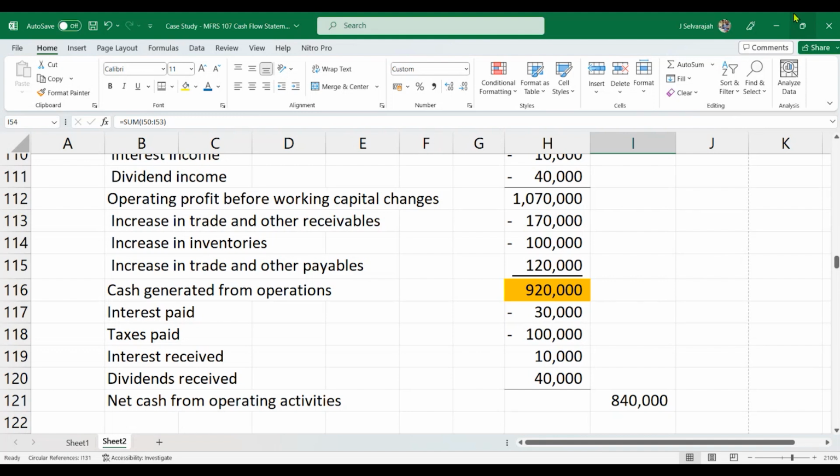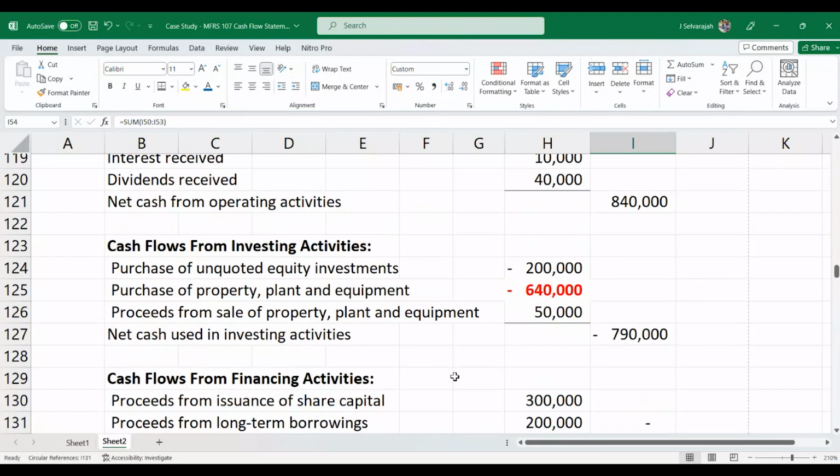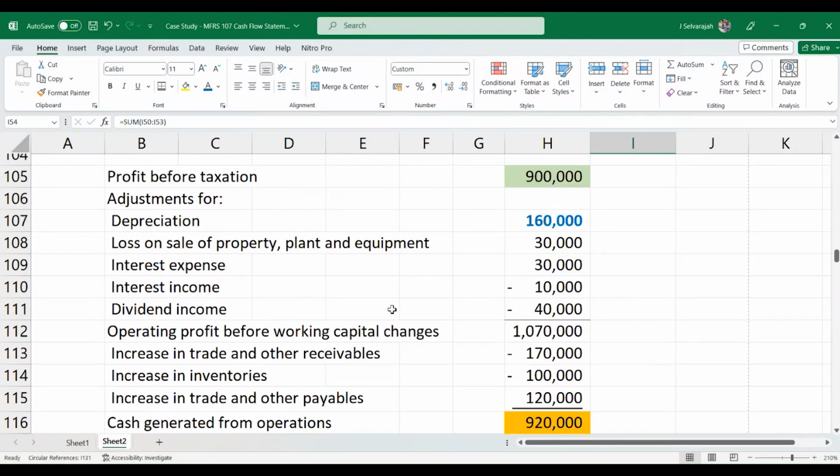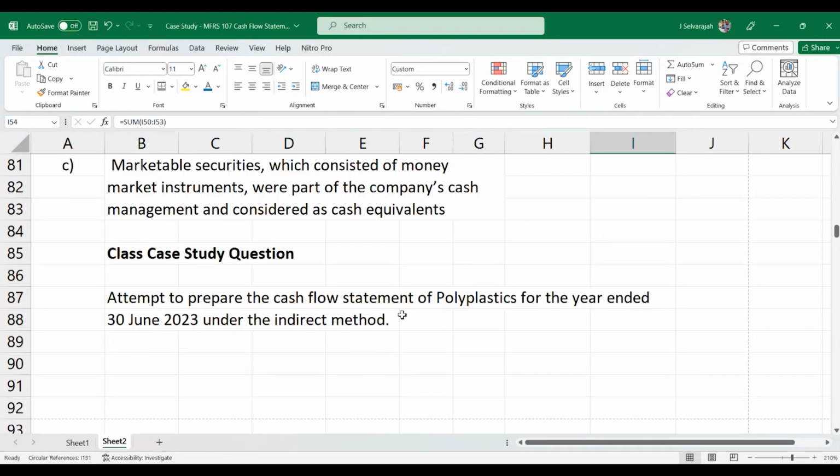Now, finance cost adjusted from net profit before tax is supposed to be equal to interest paid, the item next to tax paid. There's no accrued interest at the end of it. Is it correct? Let me look at that. Finance cost is which one? This one. Are you talking about interest expense? Oh, I must go up to here.